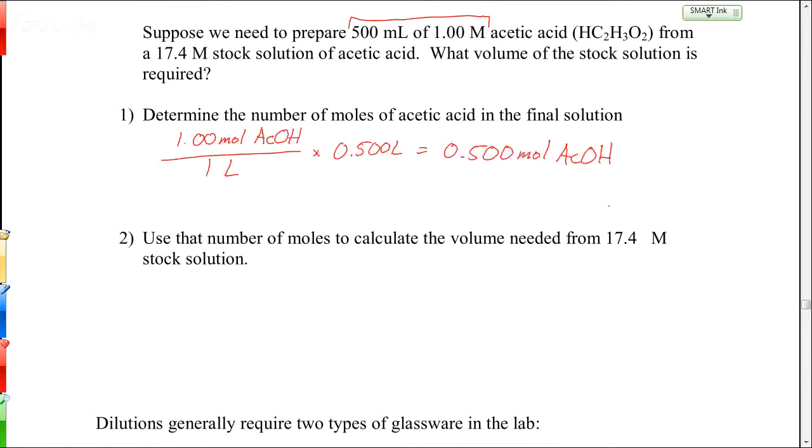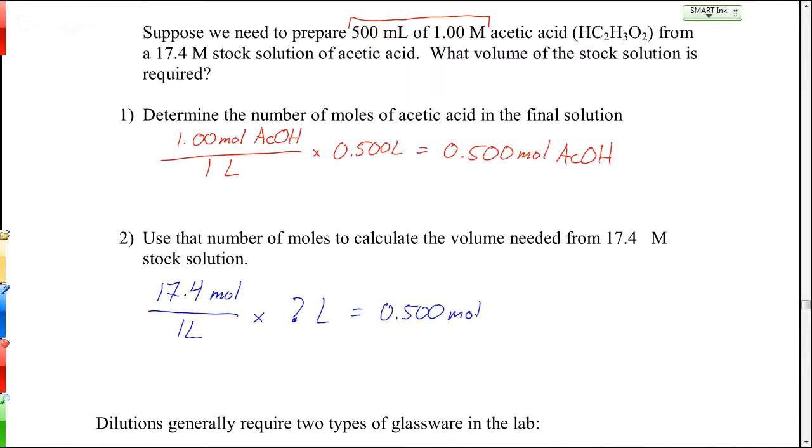So we're saying, in this case, 17.4 moles per liter times how many liters gives us 0.500 moles. We want half a mole. We have 17.4 moles per liter. So how much of that do we take out to get exactly that half a mole?